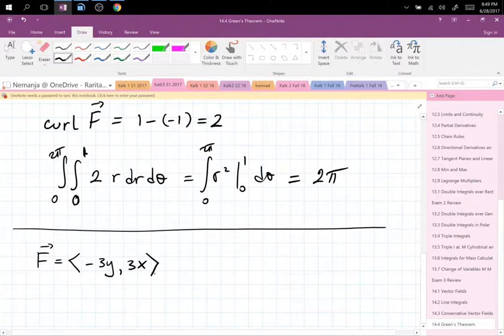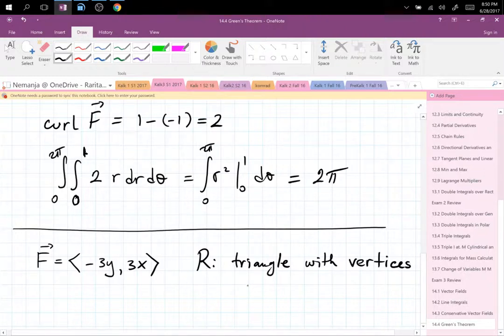And your region R is a triangle with vertices 0, 0, 1, 0, and 0, 2.